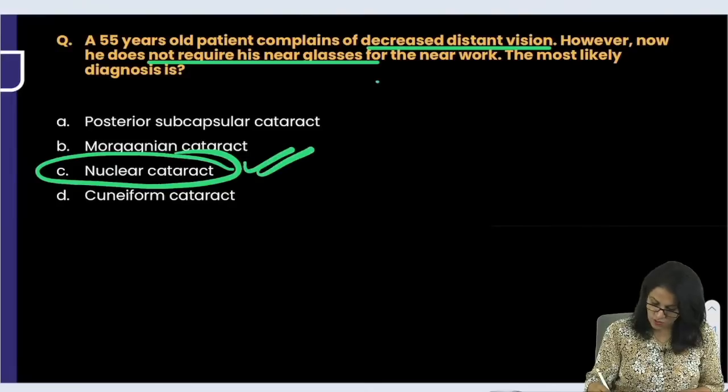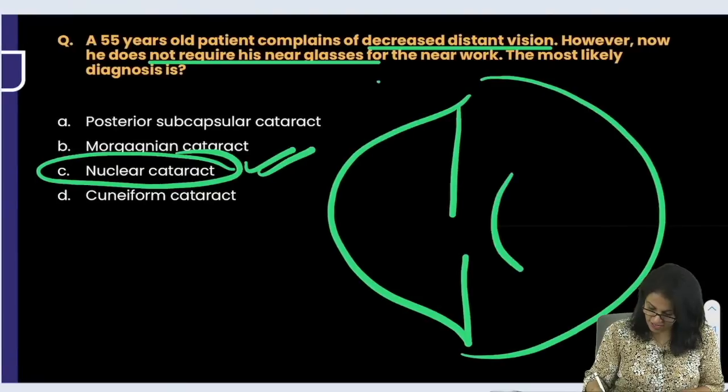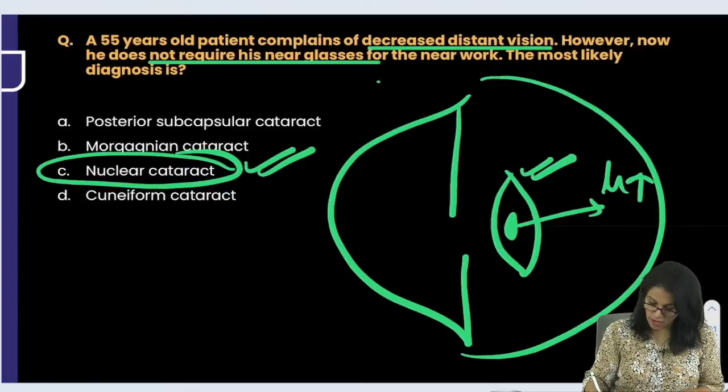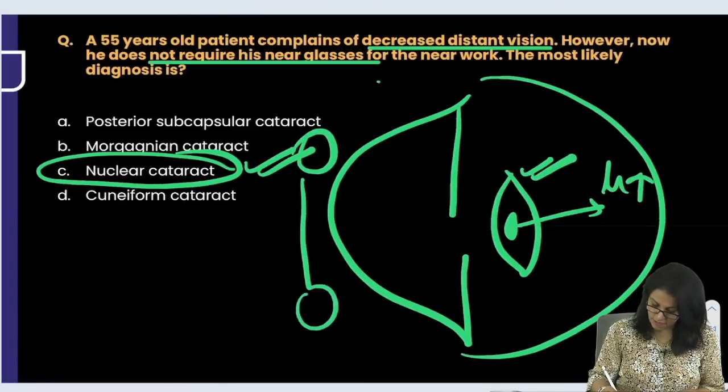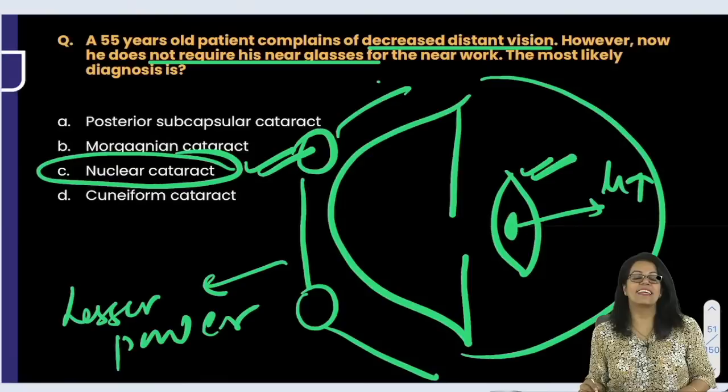Very good. So, we all have learned this, that any nuclear sclerosis will increase the refractive index of the lens, and when the index is more, power is more, so I need lesser power on my specs, lesser power or no power, right? This is your second sight.